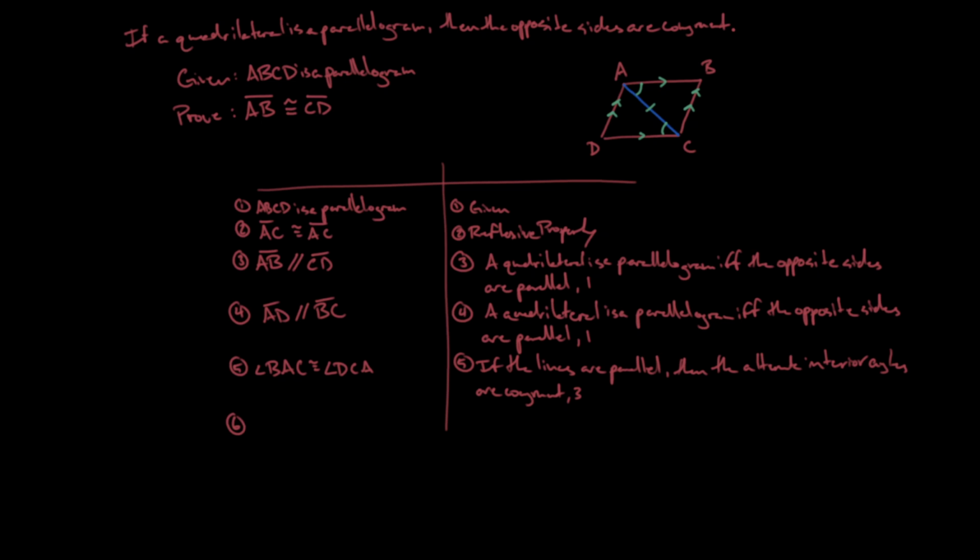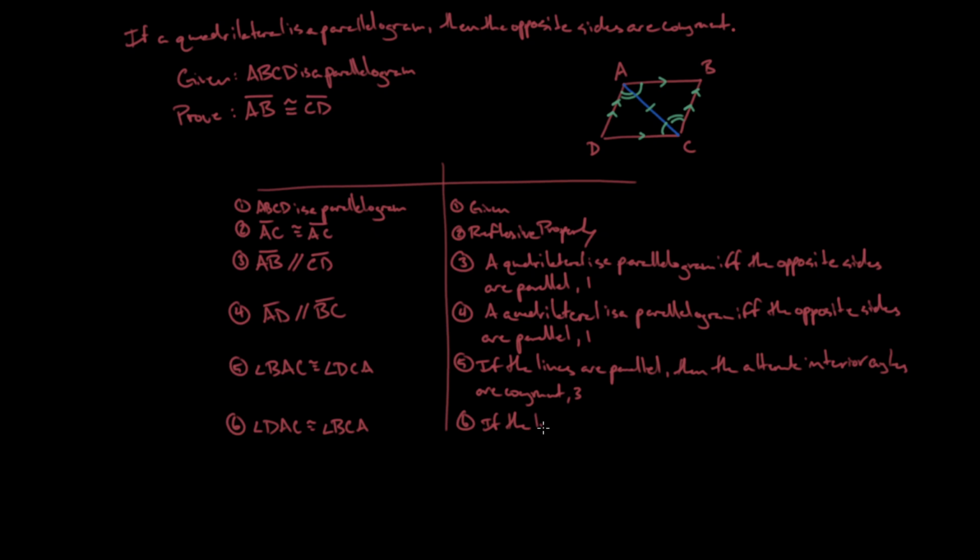So I'm going to talk about my other pair, which is, let's see, these two right here. So DAC and BCA. So they will be congruent as well. So angle DAC is congruent to angle BCA. And the reason for that will be exactly the same thing.